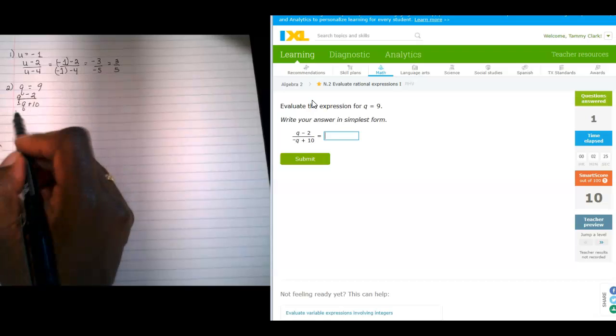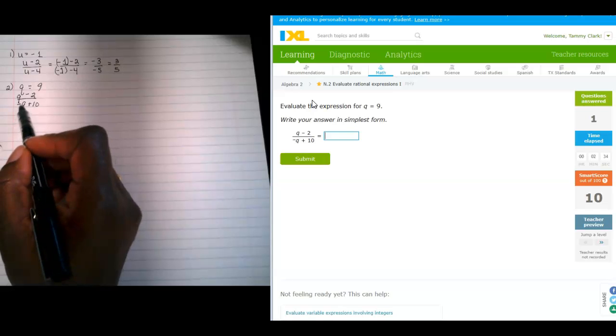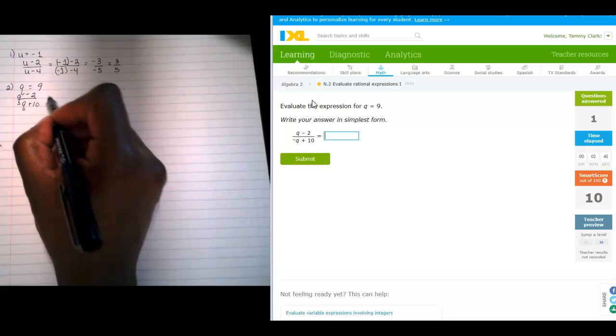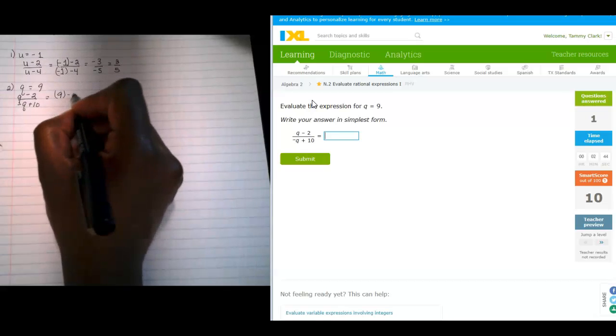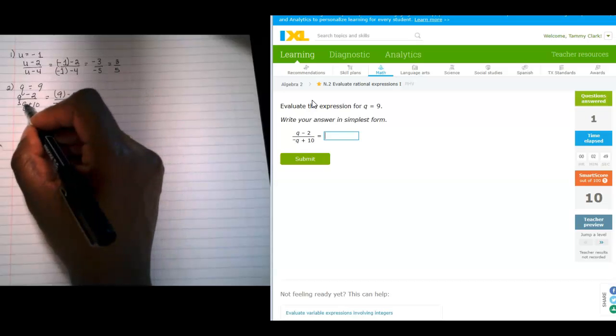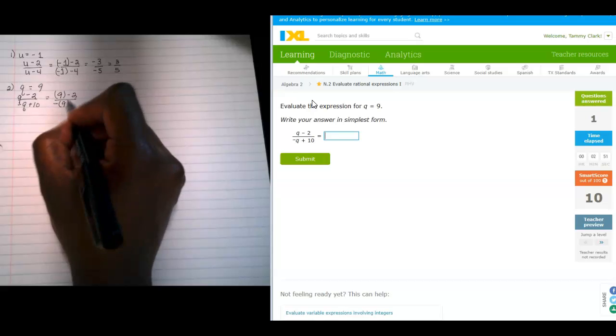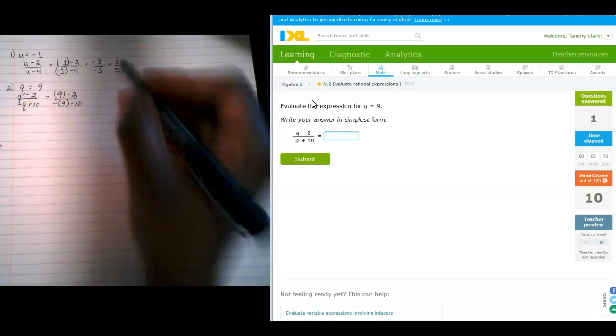Be real careful when they put the negatives inside the expression because you want to make sure that if q was negative, that you would have a double negative as opposed to just this single negative. So we've got q is equal to 9. We're going to do 9 minus 2. And then that negative is outside of q, and q is 9. So we're going to put our negative outside, q, and the 9 inside.